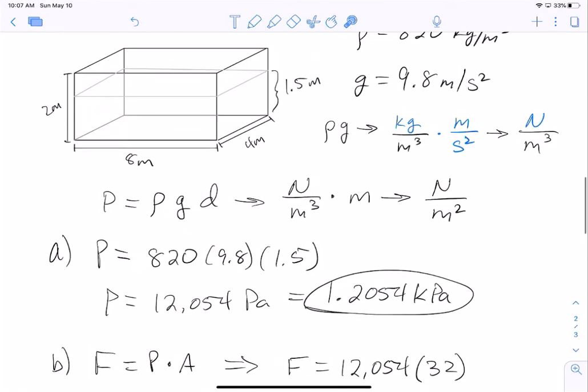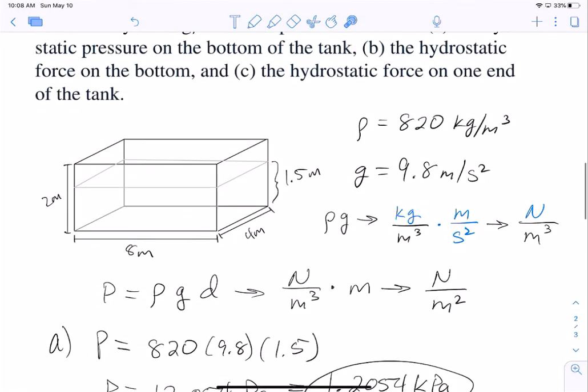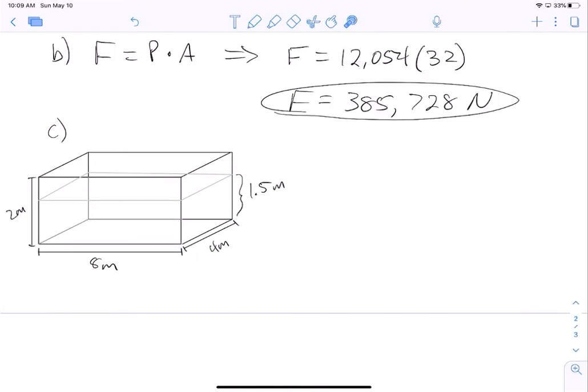Those are fairly straightforward. For part C, we want the hydrostatic force on one end of the tank. So we're talking about the force exerted on the side of the tank here. Now, it's really key to consider what we've just done. Force is going to be, well, we said pressure times area, but I want to unpack that.